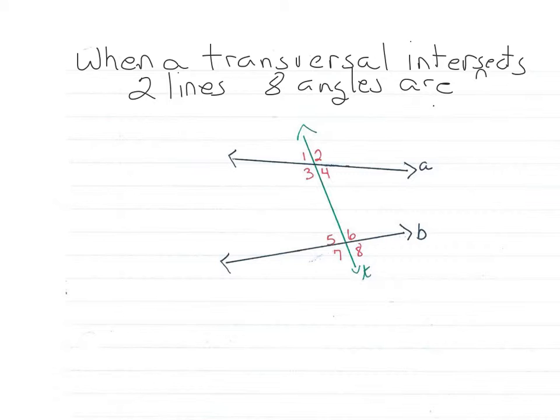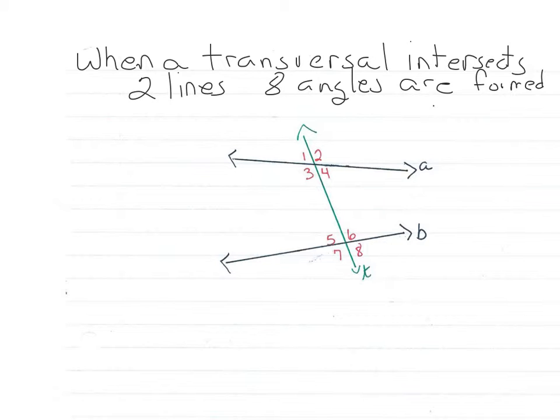What line is the transversal in this particular diagram? Line T, it does kind of look like a K from there, doesn't it? It does resemble a K, but line T is our transversal. And we have 8 angles formed.